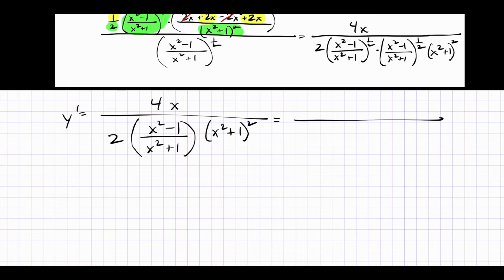So I have two of these guys here. I have 2 of these guys, right? So I'm going to rewrite it. Well, one of them can cancel out with the one on the bottom over here. This guy can cancel out with that guy.